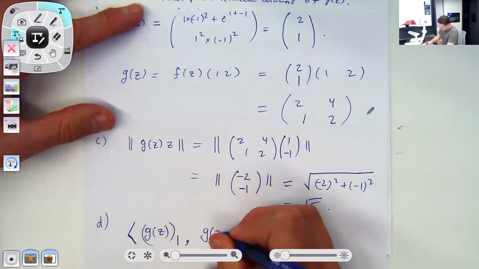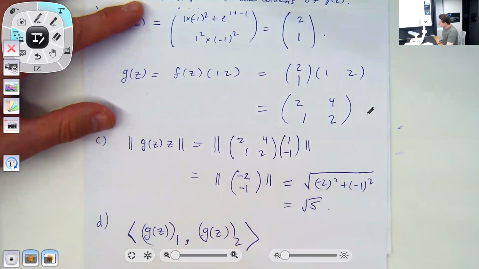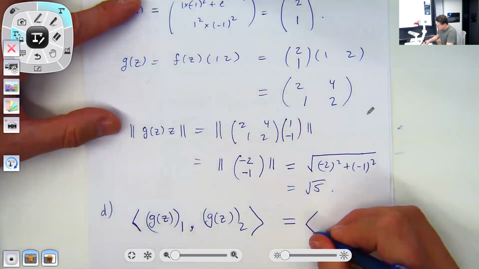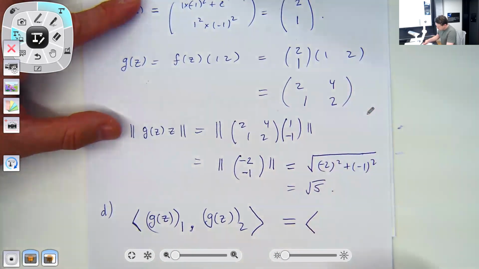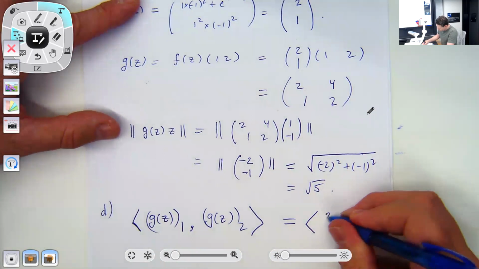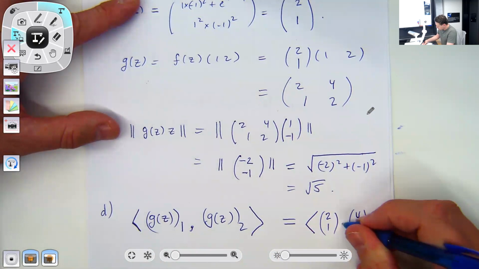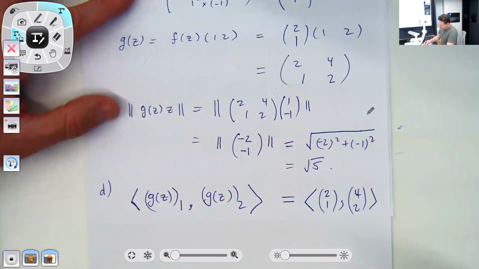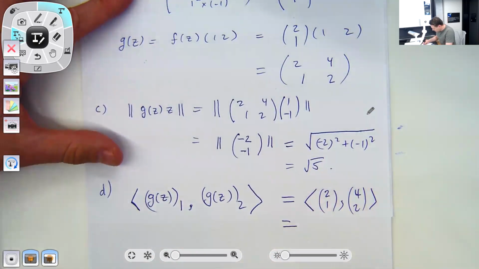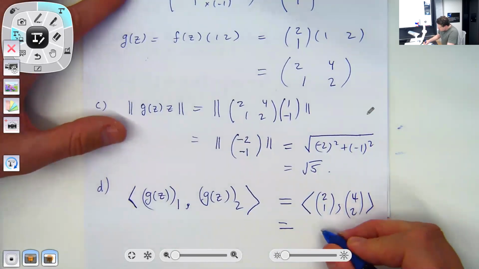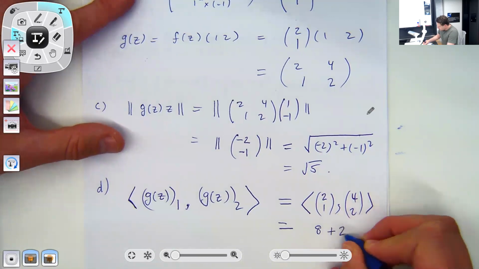So g of z, second column. We're taking the inner product of this, but that is just the first column of 2, 4, 1, 2, so 2, 1, and then we have 4, 2. Then we just take their dot product or inner product. So we could just multiply the rows across and add the result, or you can treat this as a product of two matrices. And so we get 8 plus 2, and that's 10.